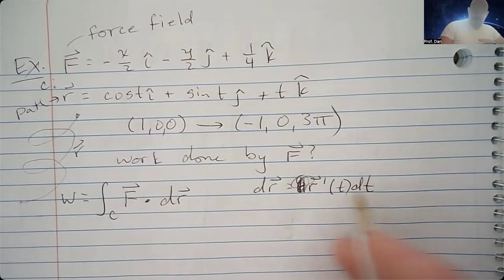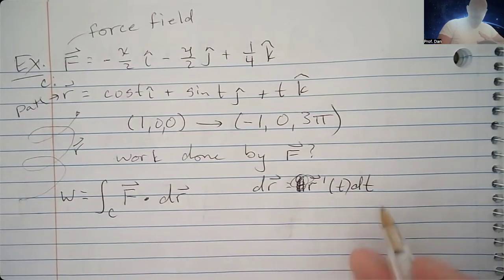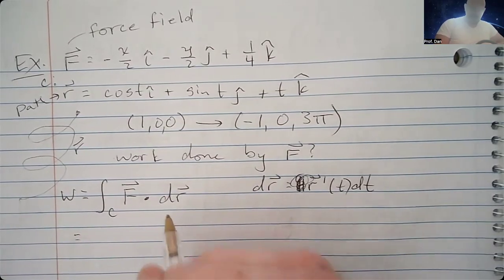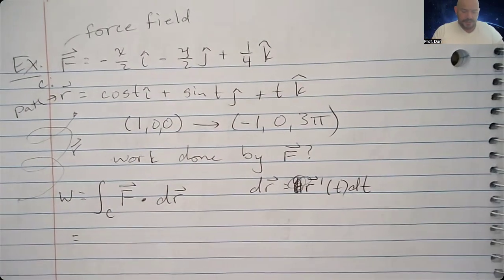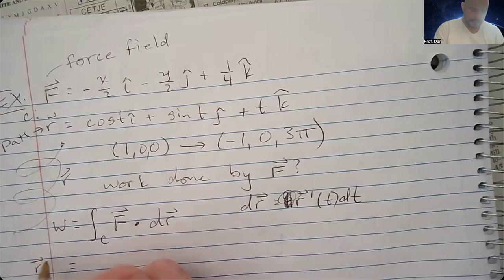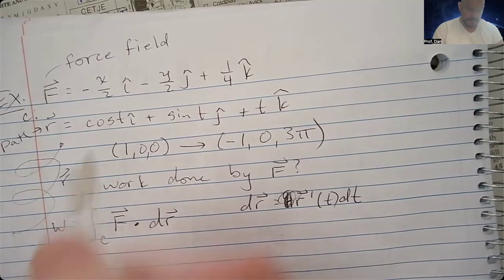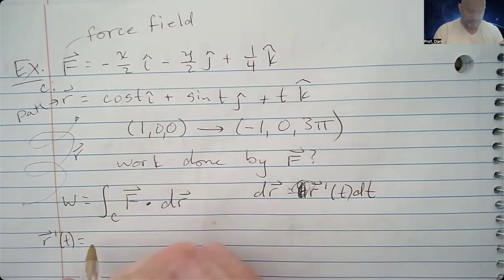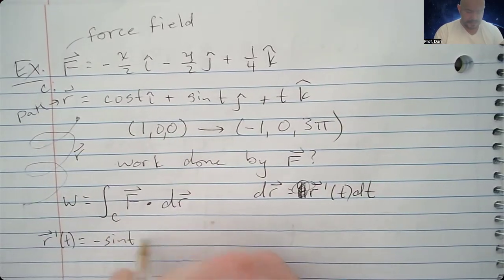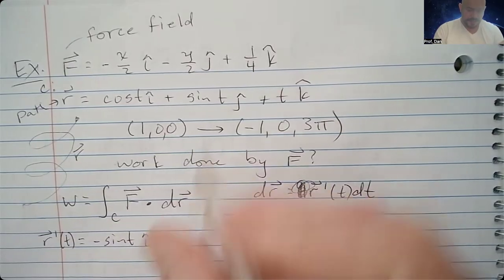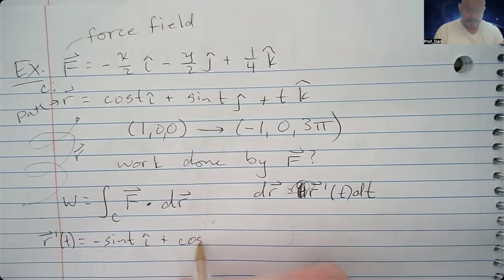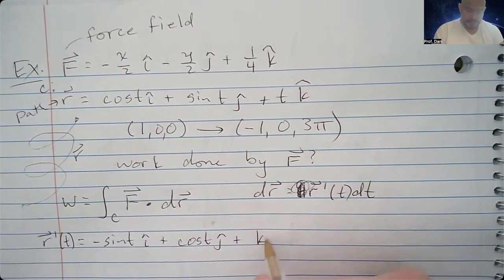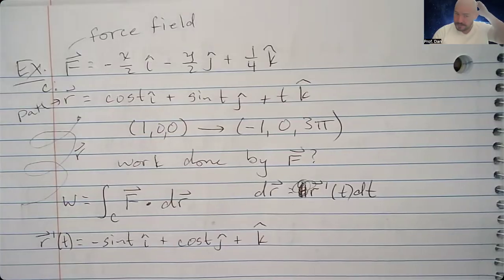So now that we know what that is, let's do a setup. So I know that r prime of t, I can calculate component-wise. So derivative of cosine t, we get minus sine t, that's our i component. Derivative of sine t, we get cosine t, that's the j component, and then the derivative of t is 1, so that's our k component.